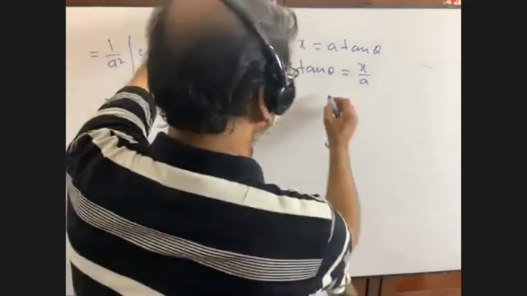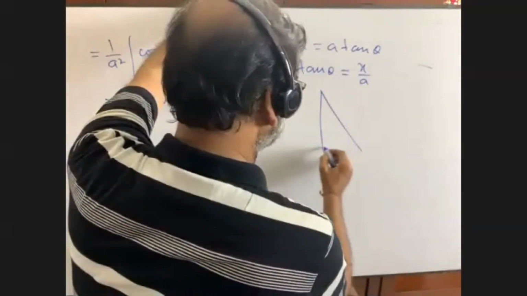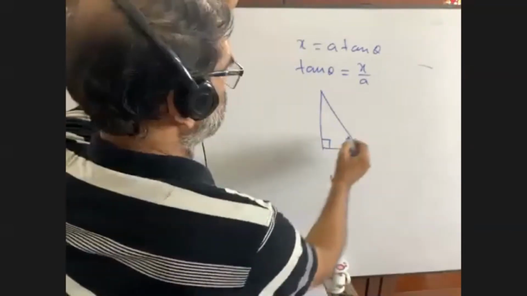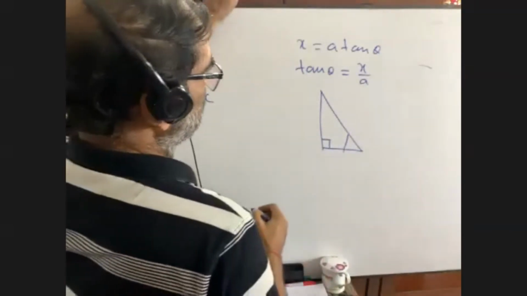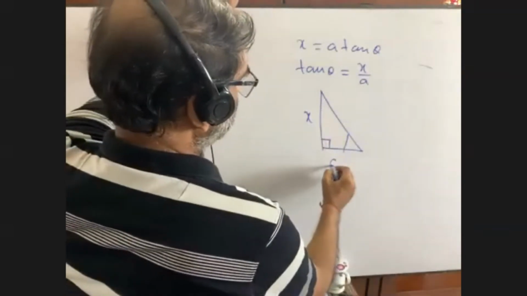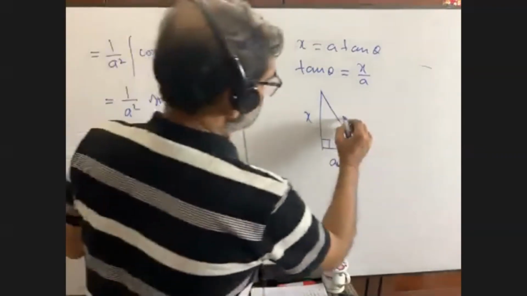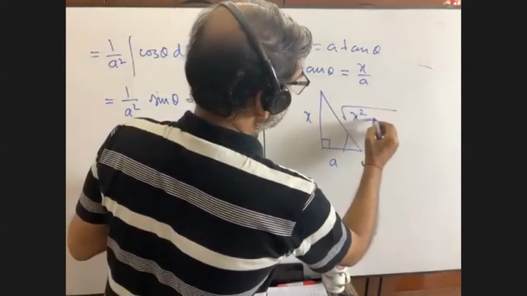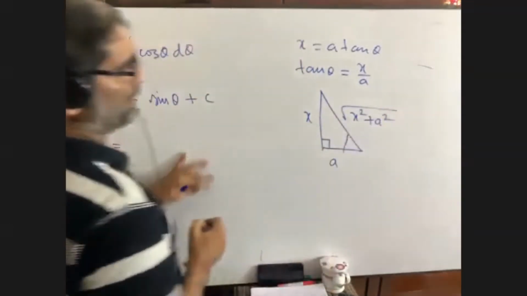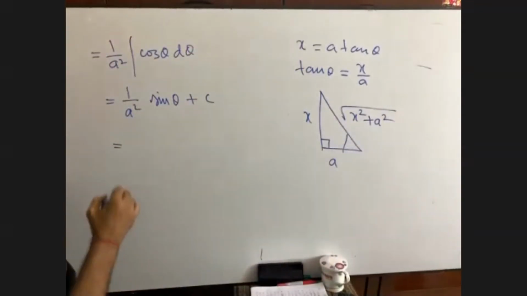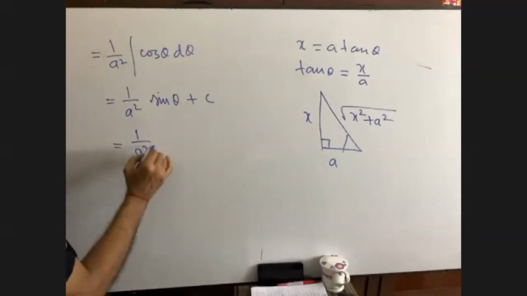Yes, okay sir. So draw the figure. This is theta, tan theta is perpendicular by base, x by a, right? So what is the hypotenuse? Root over x square plus a square, this is the hypotenuse. Now let me know 1 by a square. What is sin theta?